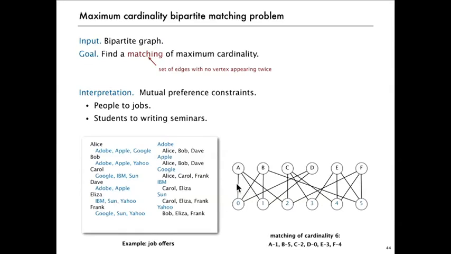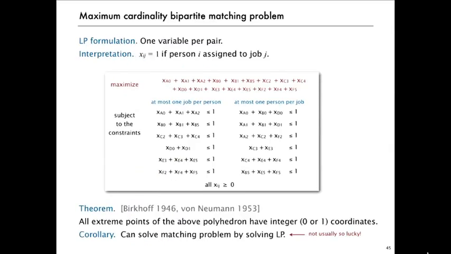And we want to know the maximum set of edges connecting one to another that matches a student to a job. And we did that one by reducing it to max flow, actually. But also you can just specify it as an LP formulation of an LP problem.